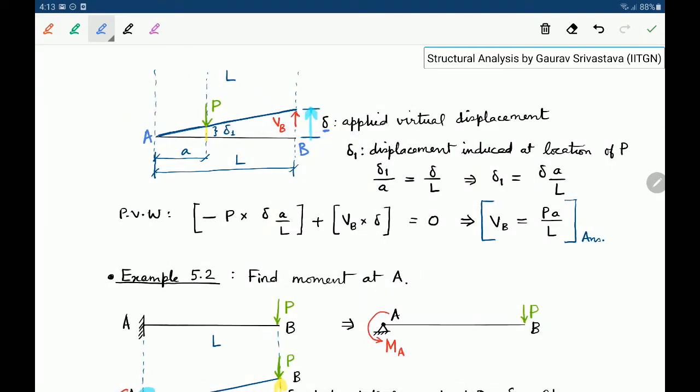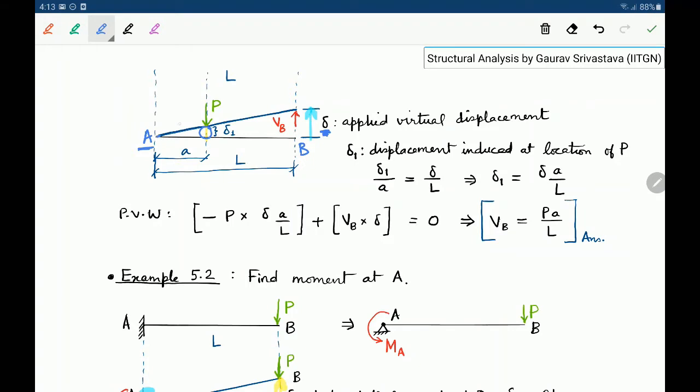Because of this applied virtual displacement delta, there will be an induced virtual displacement at the location of the force P, and let's call it delta 1. Notice that the applied virtual displacement is ensuring compatibility with the ends, or the geometry. At the end A, this beam cannot translate.